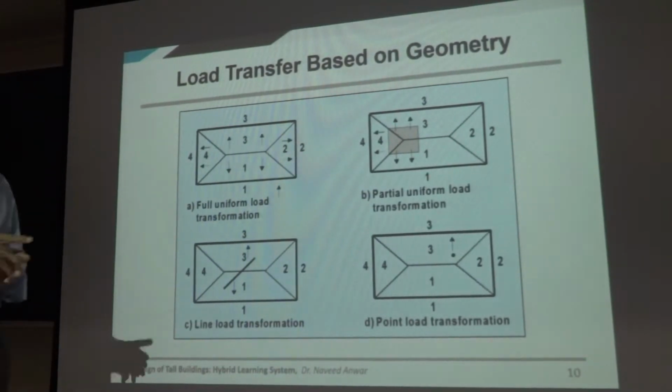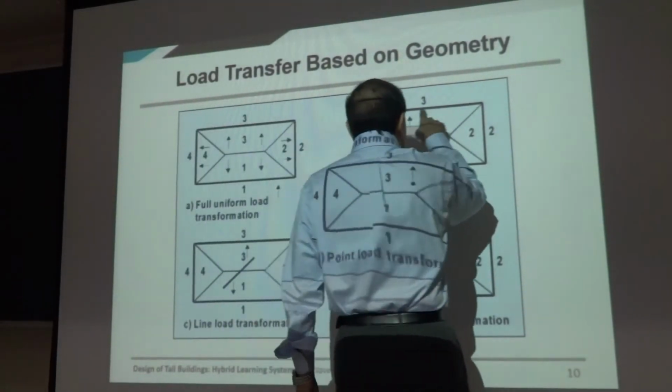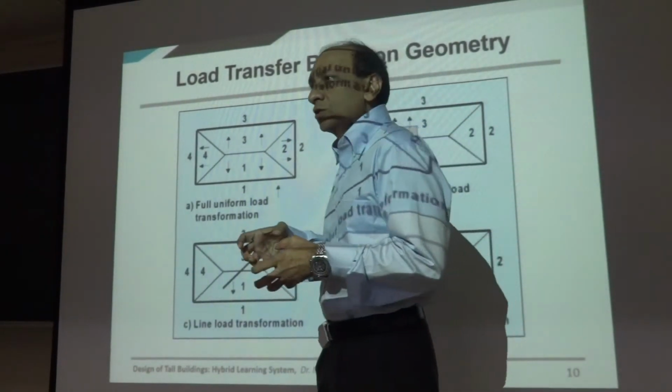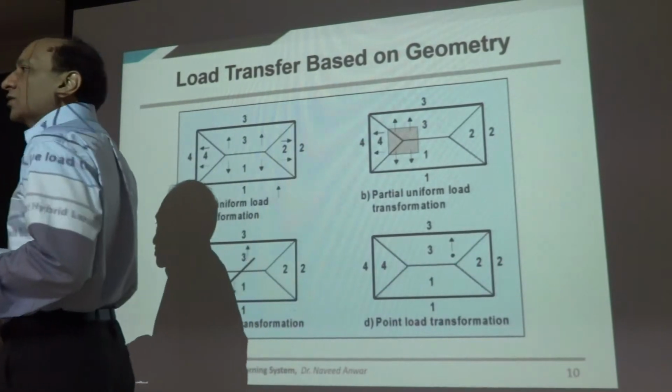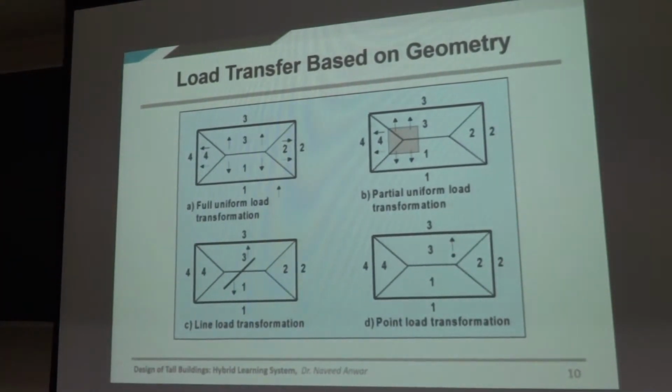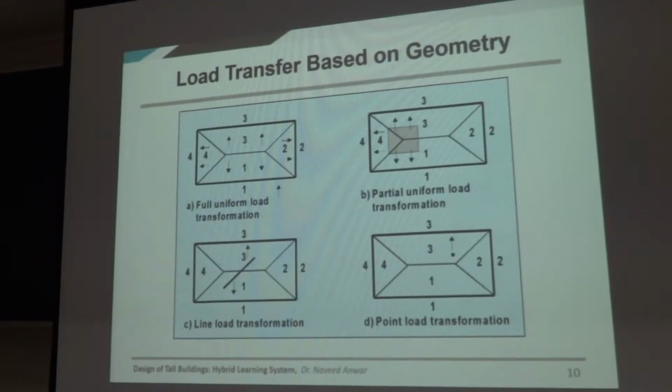If you used a plate element here, plate has a bending stiffness, so the load transfer will be determined based on the stiffness, because plate has a bending stiffness, so it can transfer the load. But suppose you used membrane, load cannot be transferred through membrane, it will just fall down because membrane has no bending stiffness.